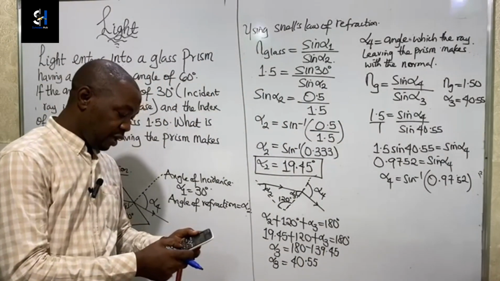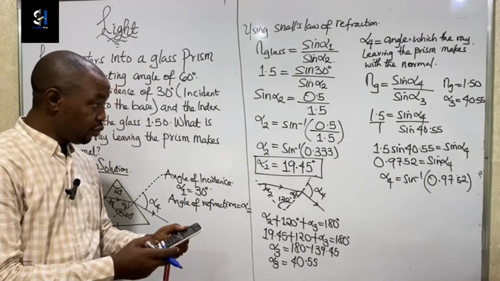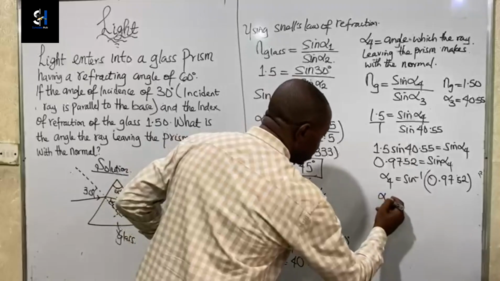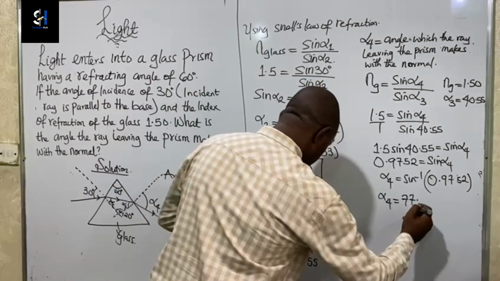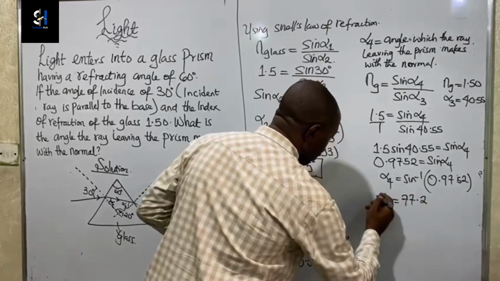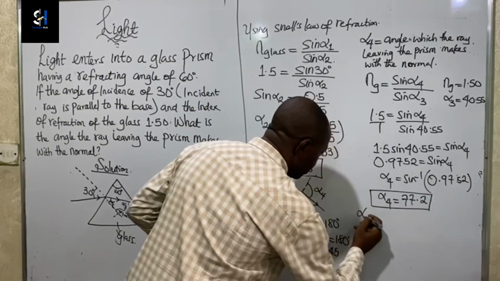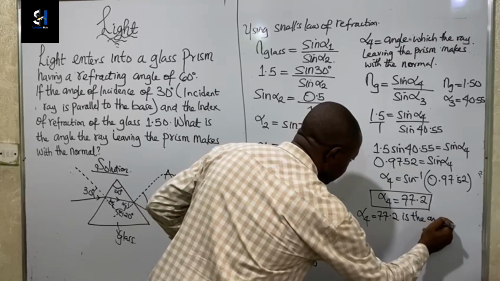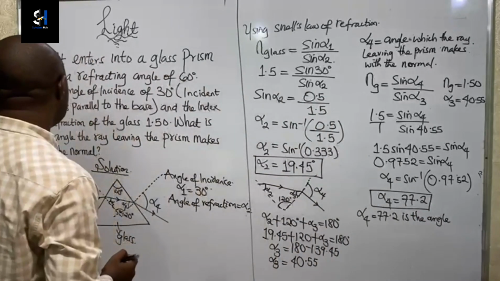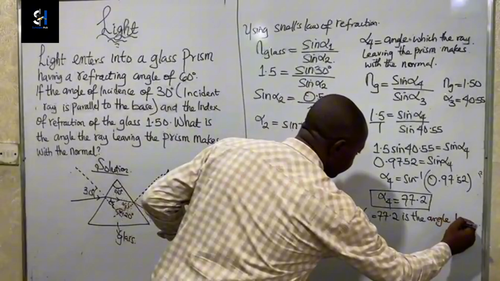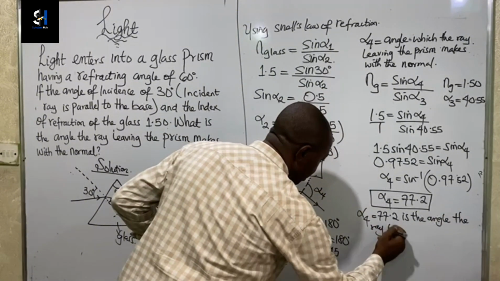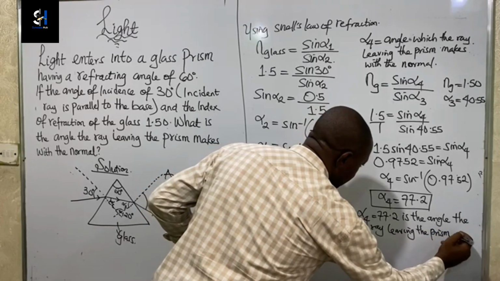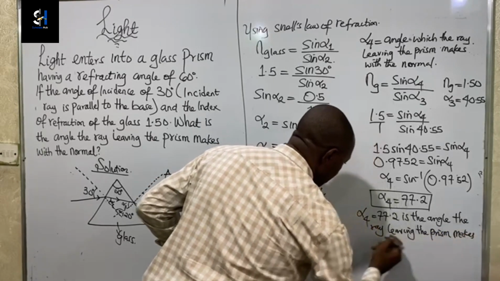Let's obtain the value of the inverse sine of 0.9752, and that will be 77.2. So this angle alpha 4, which equals 77.2, is the angle the ray leaving the prism makes with the normal.